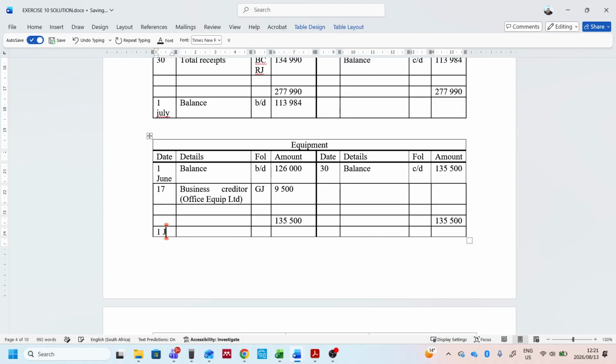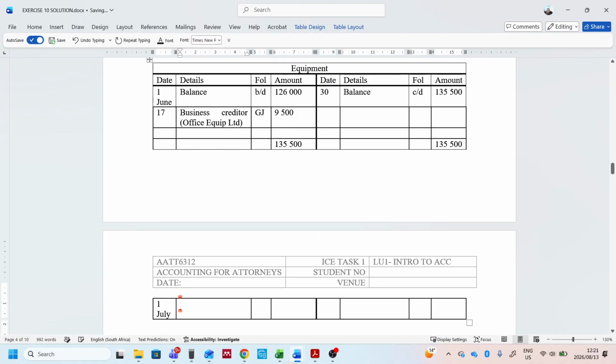Then on the 1st of July, we're going to start with a balance brought down of 135,500. That will still be the value of our equipment when we start the following month.